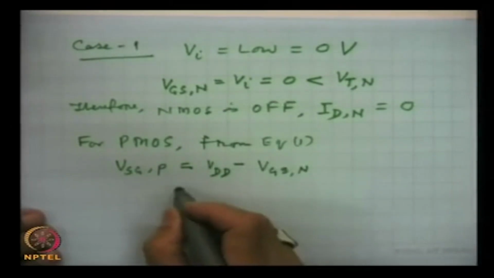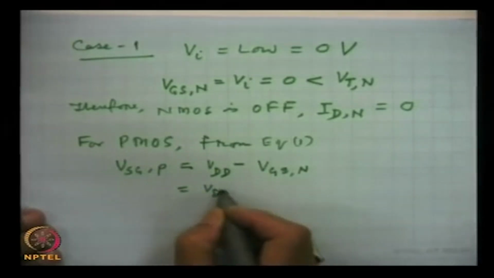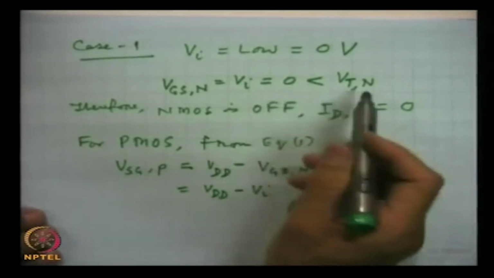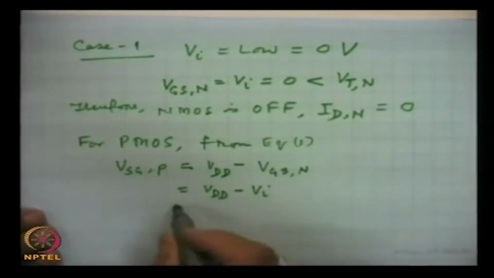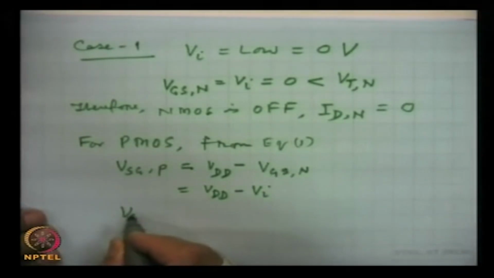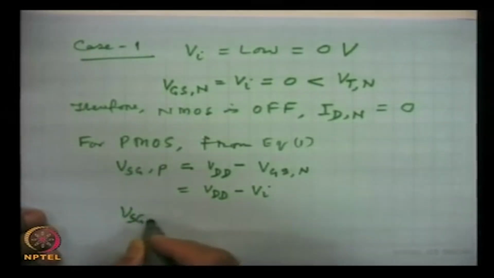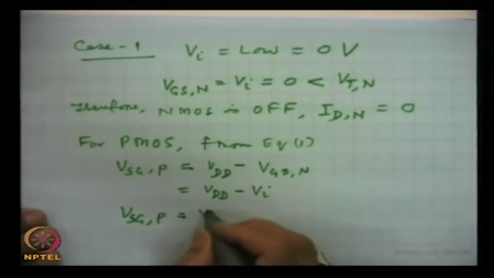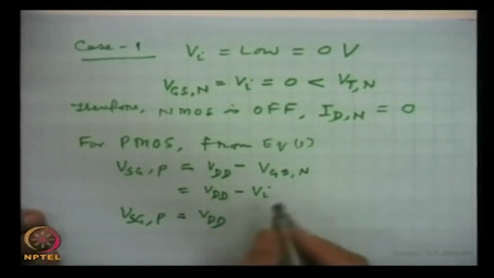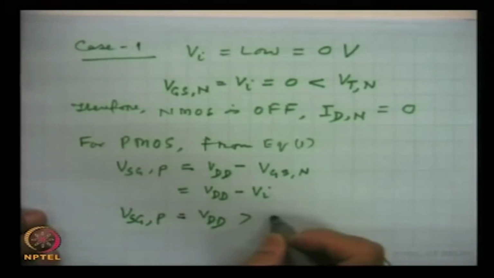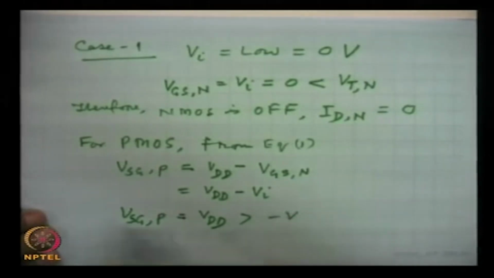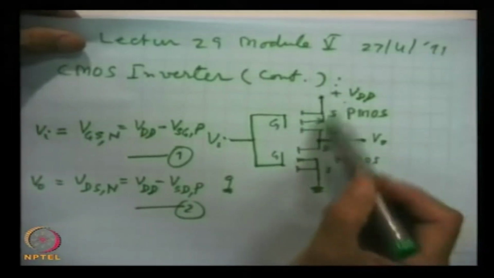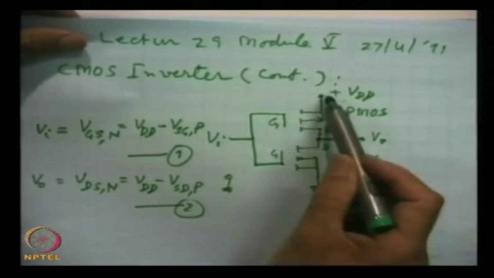So, this is equal to VDD minus Vi, and since Vi is 0, this is simply VSGP at the potential VDD. This is greater than the threshold voltage because of the way it is connected. The drain is here, the source is here.